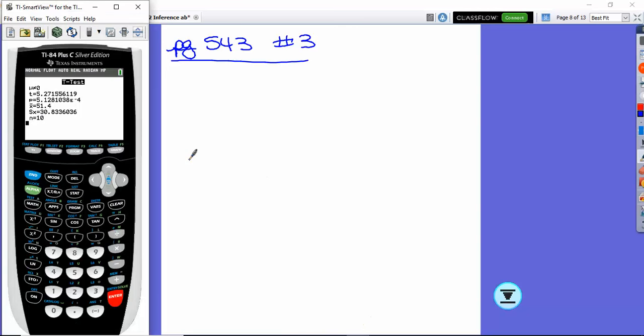So what should we do? You could go through and subtract each one by yourself, but there's really no need. So if we go to our calculator, clear out everything that's there, and enter your x's in L1 and your y's in L2.